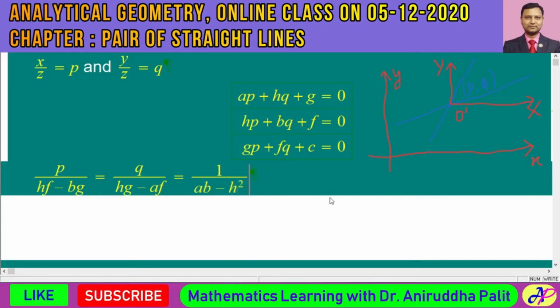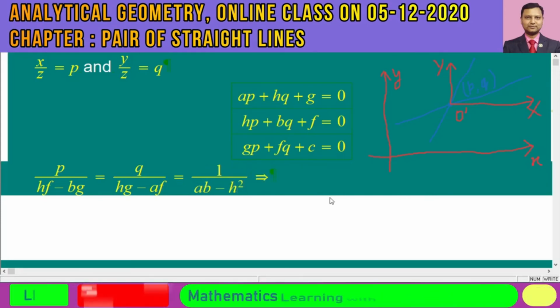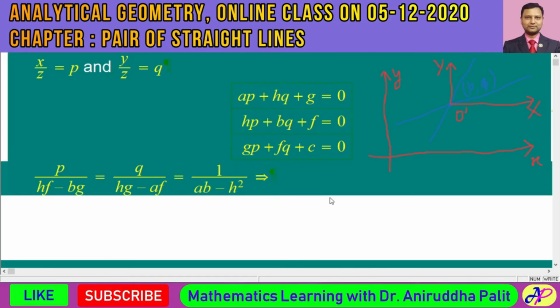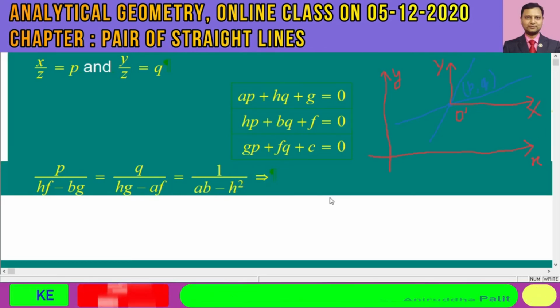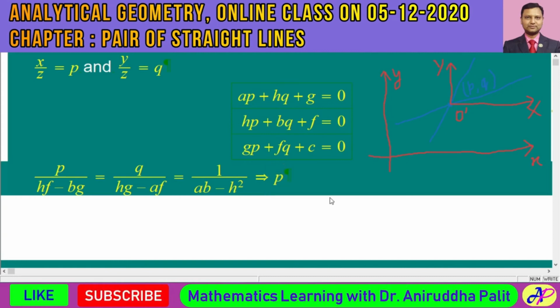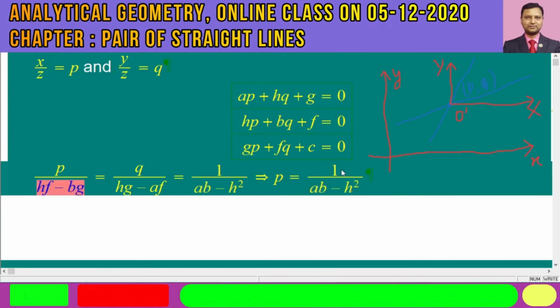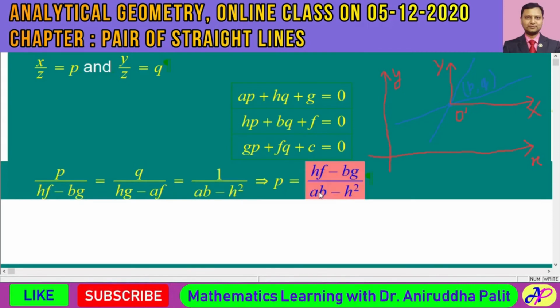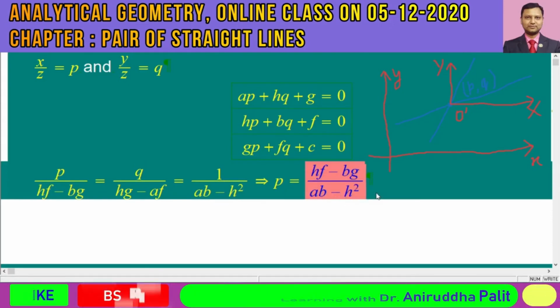From this result we can compute the expression of p and the expression of q. So p is equal to hf minus bg divided by ab minus h square. Of course, over here ab minus h square should not be equal to 0.